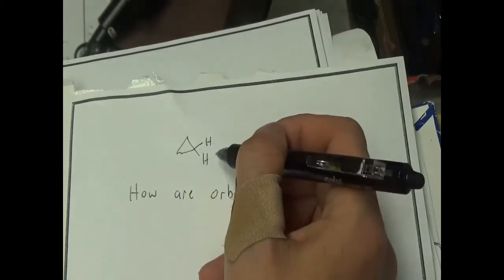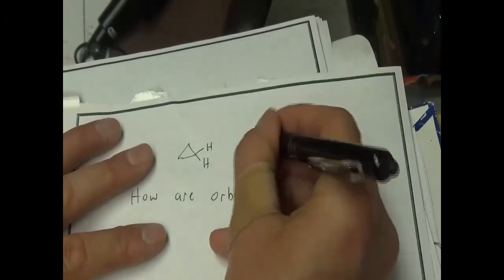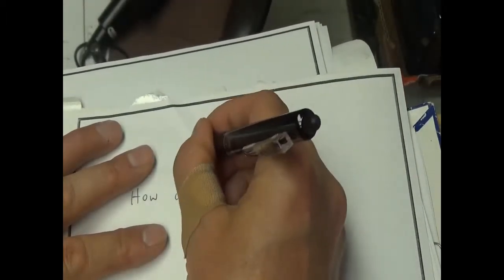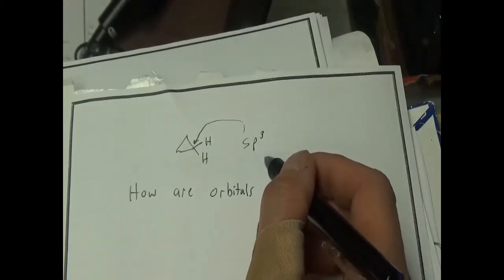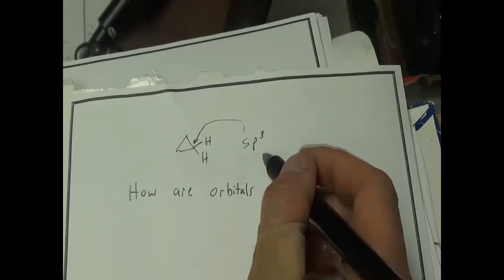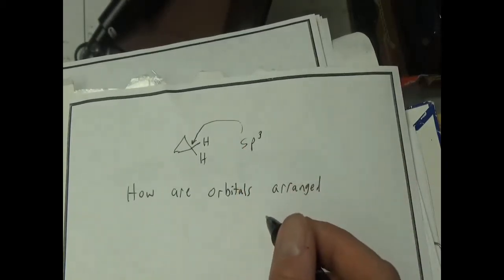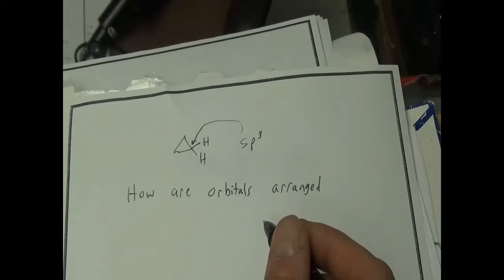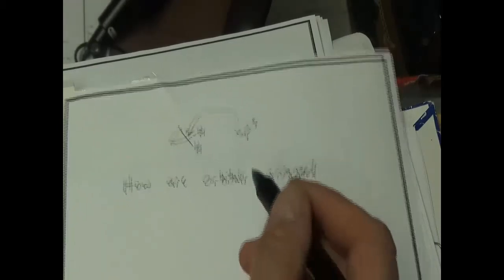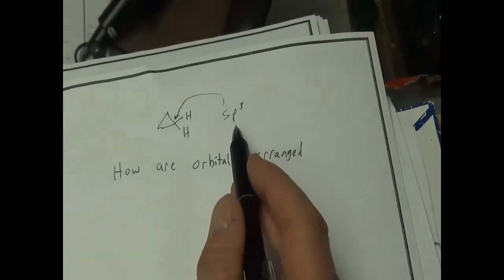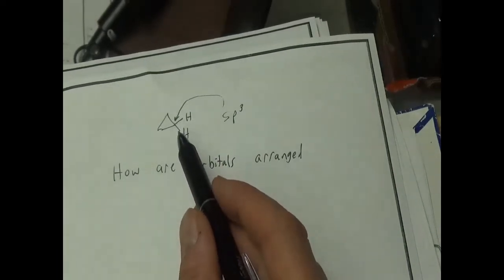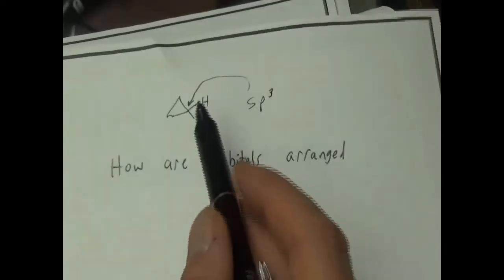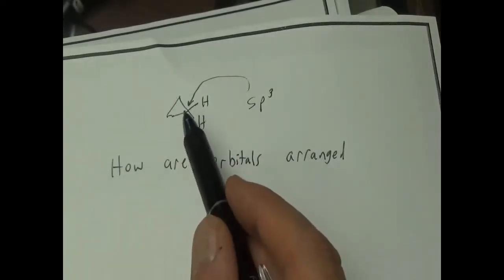It should be sp3, right? And the bond angle is normally 109.5. So cyclopropane does some really weird bending to make this happen. Because it's supposed to be 109.5 if it's sp3, but if you look at the molecule where the atoms are, it's really about 60.